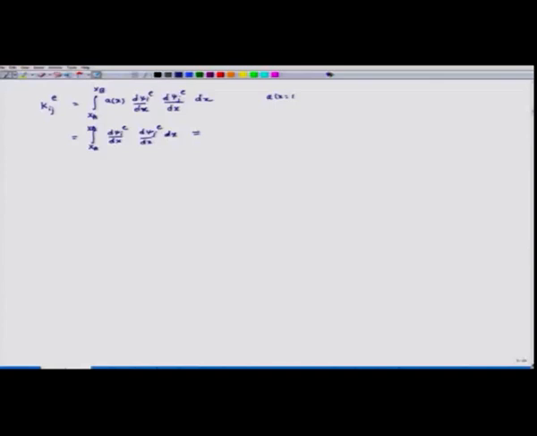and this now I transform to the zeta space or natural coordinate system.